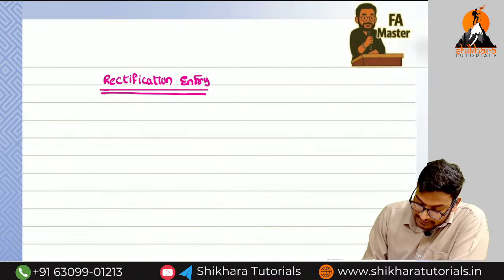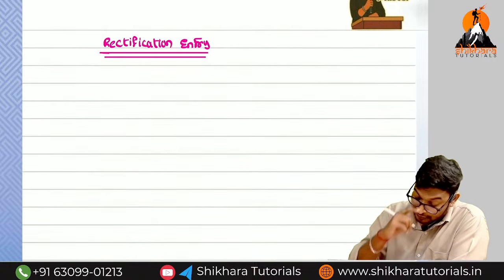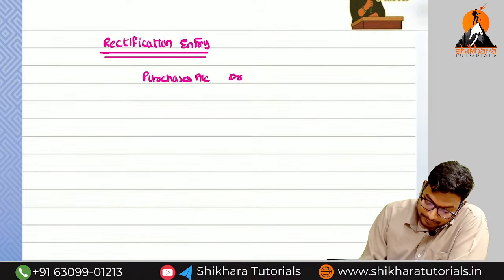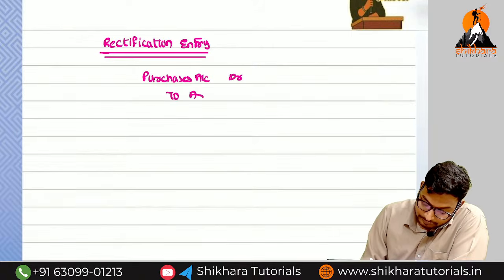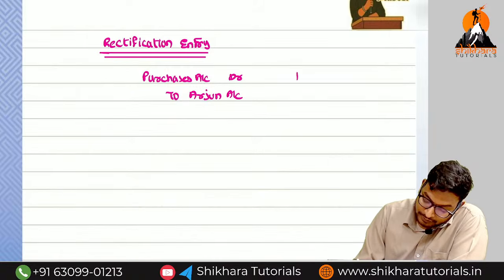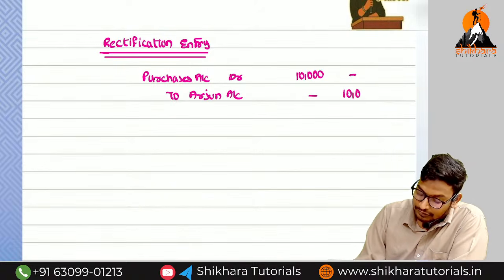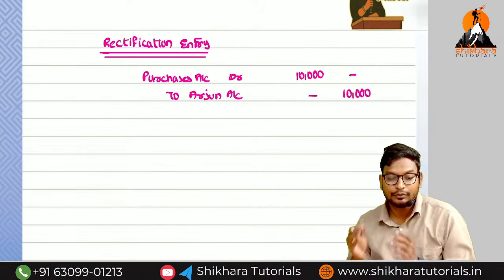Purchases account debited to Arjun account. How much? 10,000 rupees and 10,000 rupees. So this is how we have to rectify.